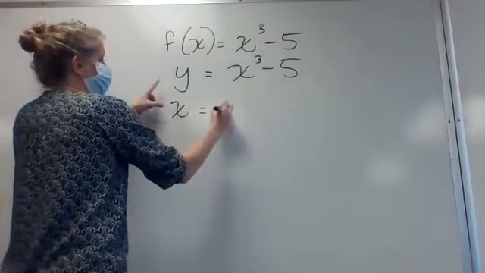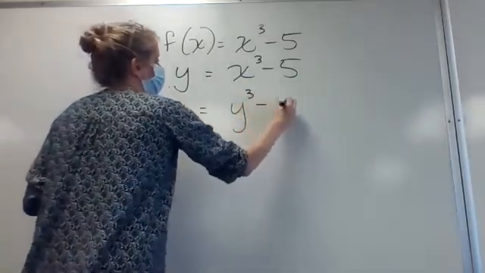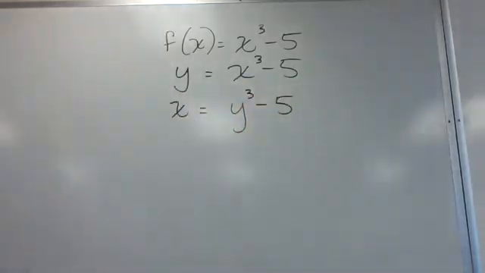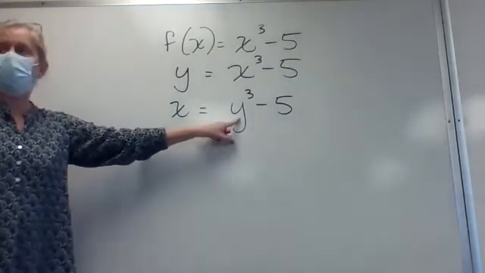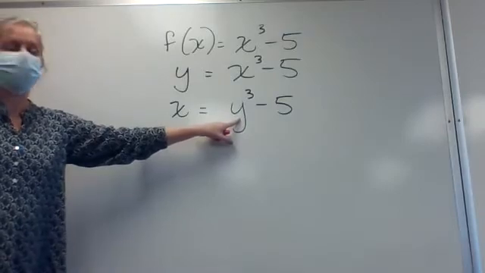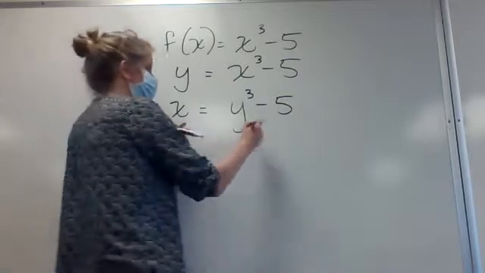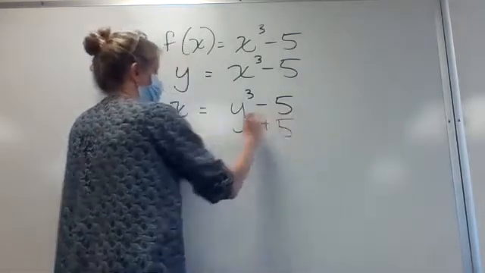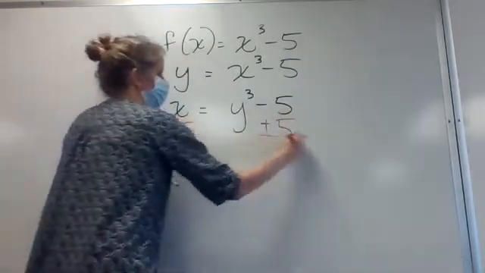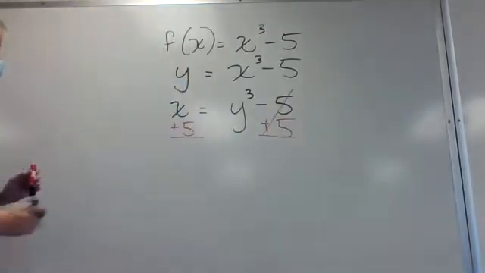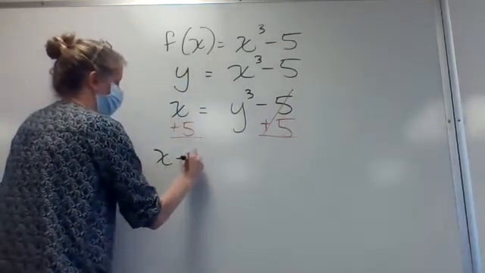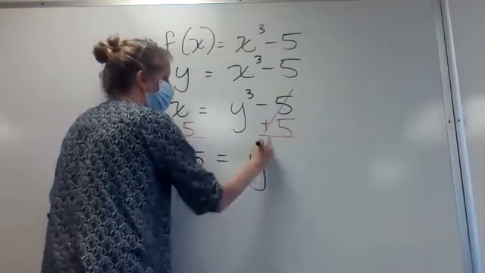So x equals y to the third minus 5. Get your new y by itself. Get rid of minus 5. We know how to do that. Plus 5. So on the left, now I have x plus 5 equals y to the third.